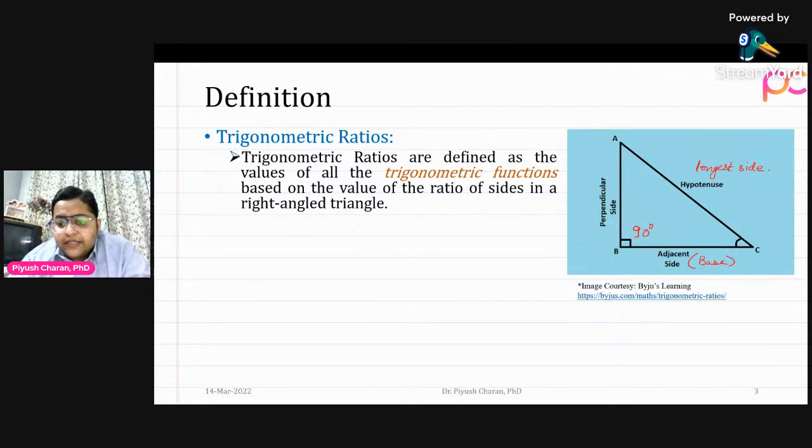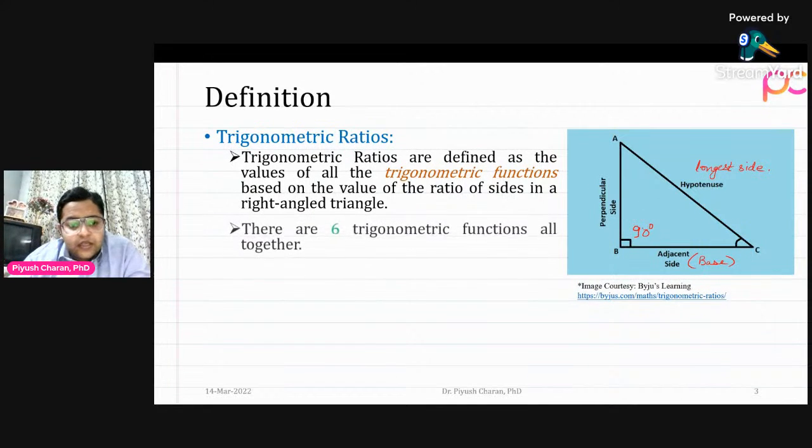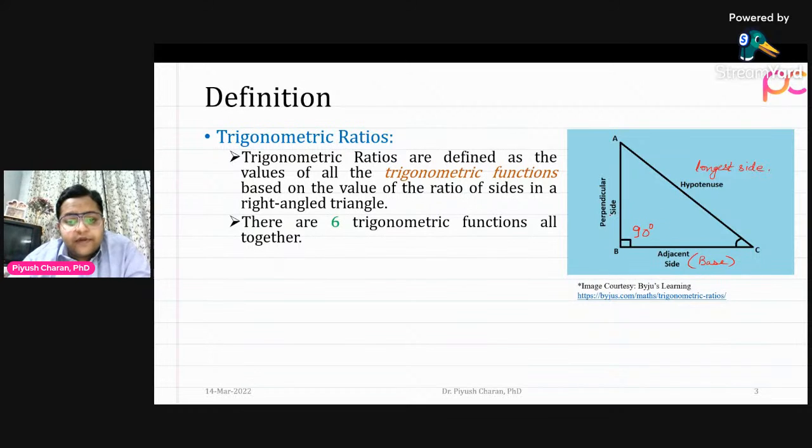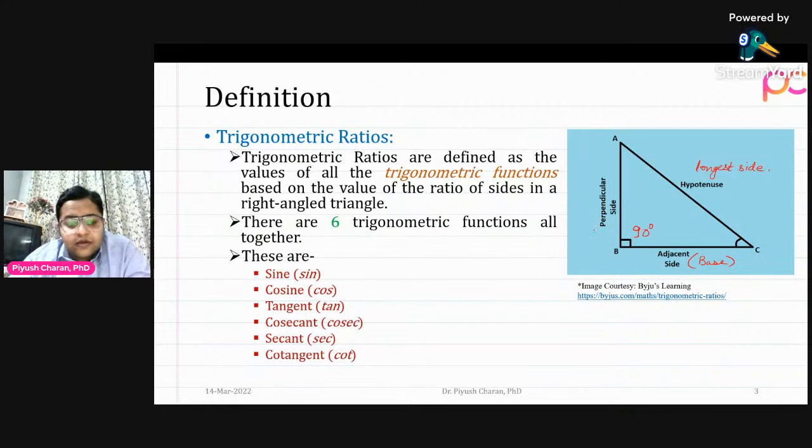So we have basically three major sides: hypotenuse, base, and perpendicular. So there are total 6 trigonometric functions altogether. These are sine, cosine, tangent, cosec or cosecant, secant or sec, and cotangent.